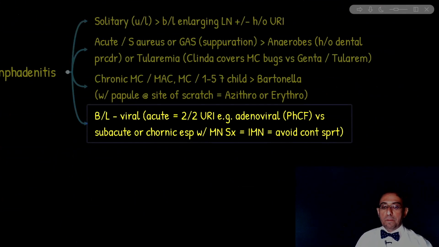While if you have a patient with subacute or chronic mononucleosis-like symptoms, flu-like symptoms, fatigue, organomegaly, that's hepatosplenomegaly, and lymphadenopathy, as well as possibility of this bilateral cervical lymphadenitis, you are dealing with infectious mono or mononucleosis-like syndrome, such as the one mediated by CMV. Always remember to advise patients to avoid contact sports in this situation.